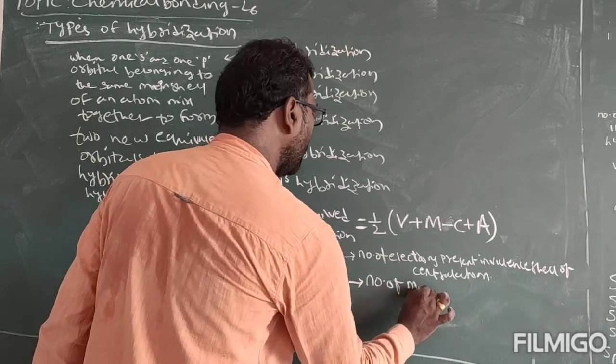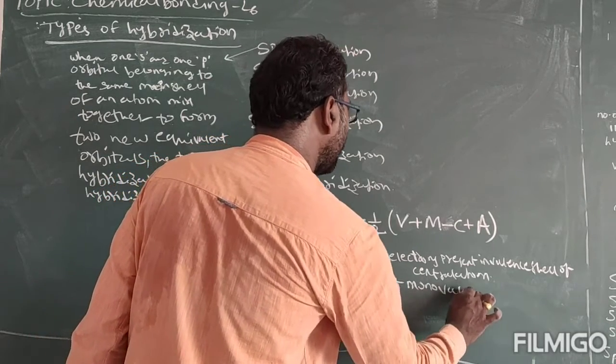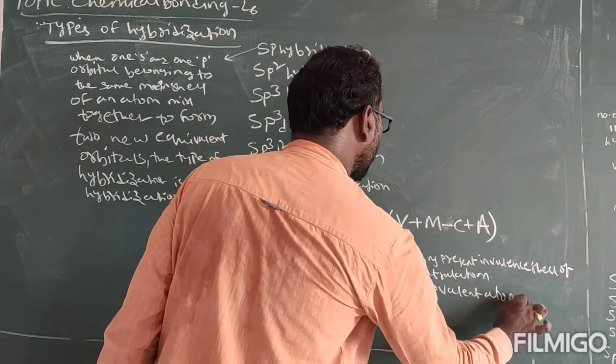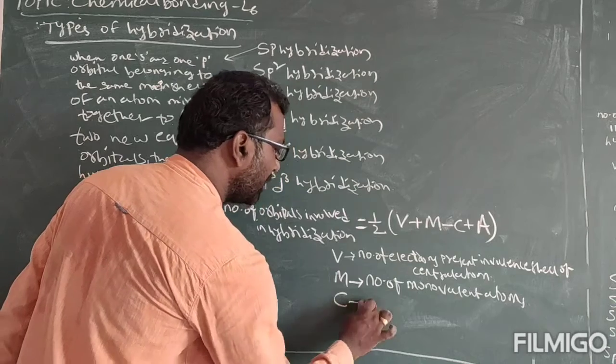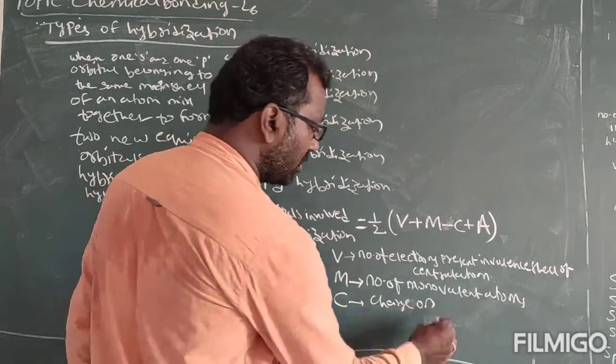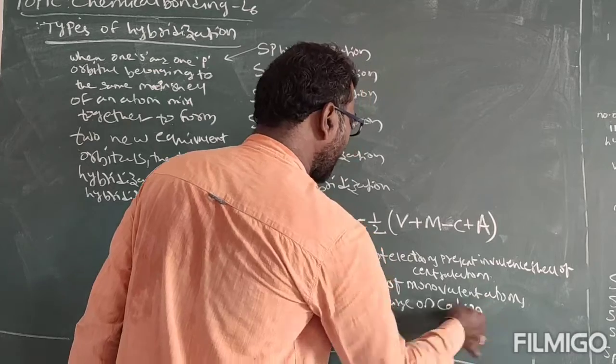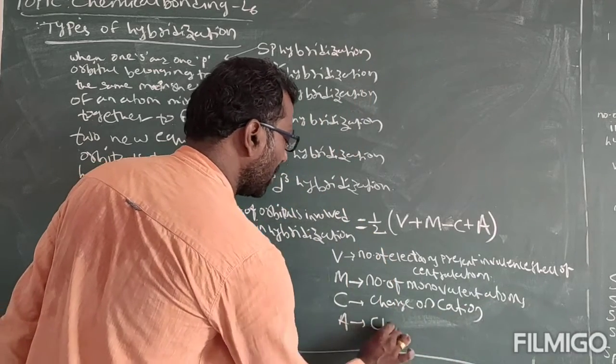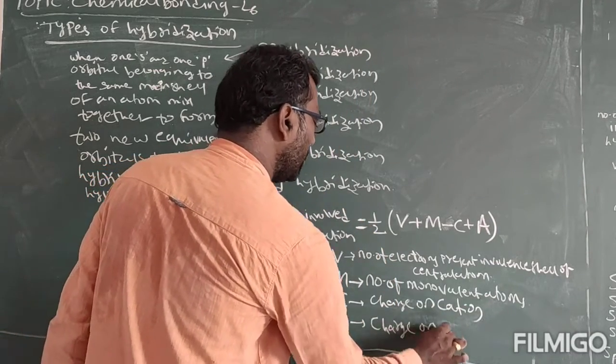C is the charge on the cation, and A is the charge on the anion.